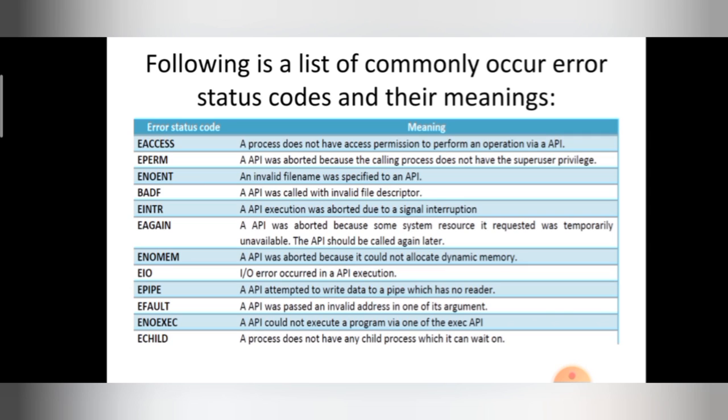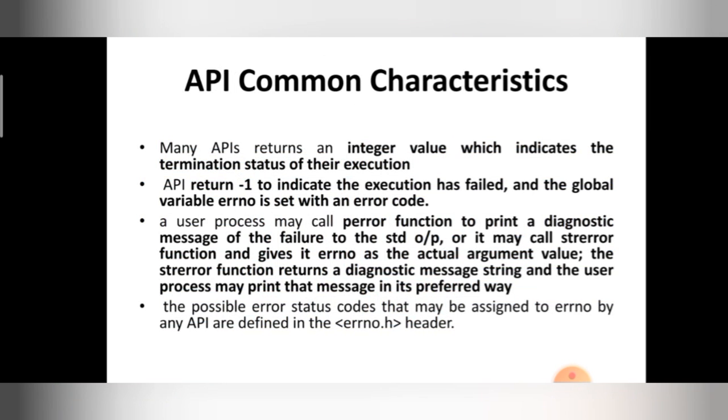The API was aborted because the calling process does not have super user privilege. You don't have the proper administrative privileges, so the API was aborted. This status error code will be passed on, and then the perror function gives the diagnostic message.